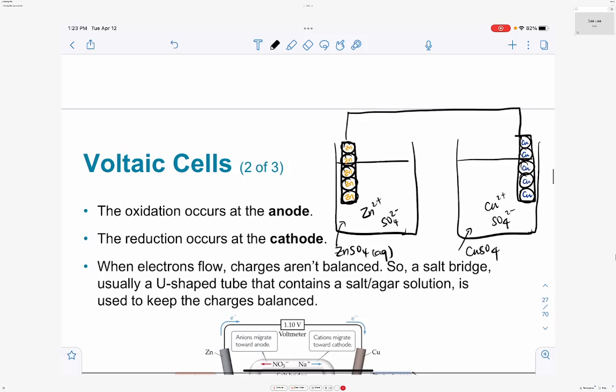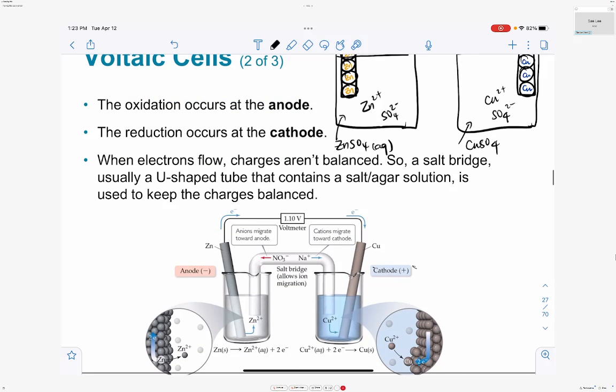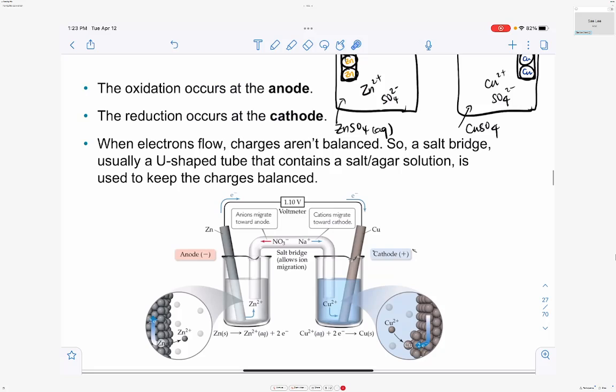Then electrons spontaneously start to move due to the spontaneous redox reaction between zinc and copper. And these moving electrons from zinc to copper generate electricity in voltaic cells. So if we have a voltmeter, it can actually measure how much electricity it's generating.